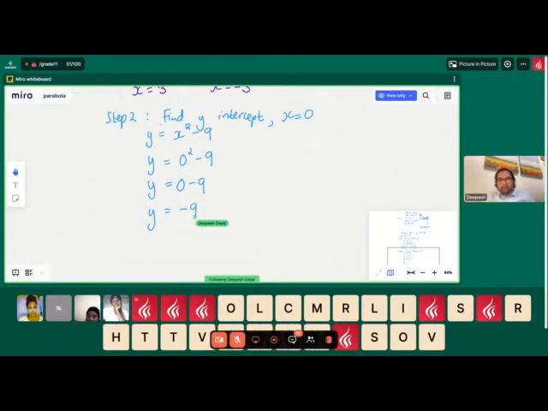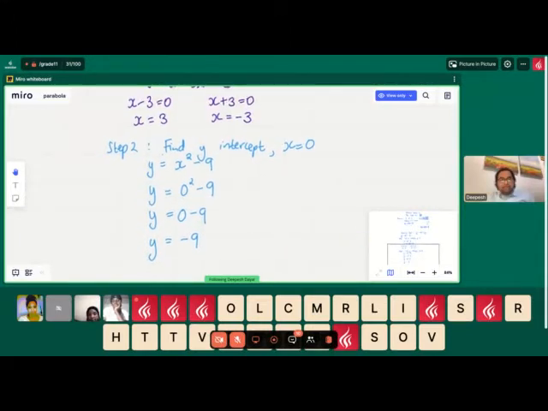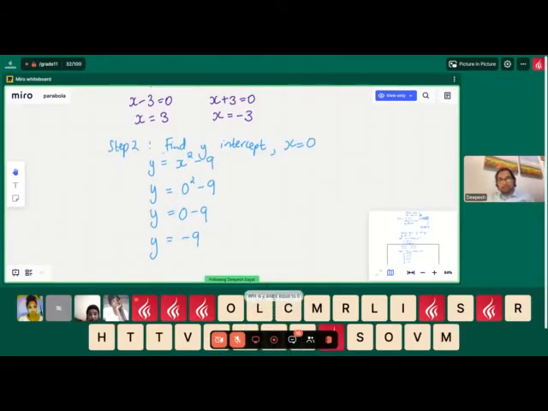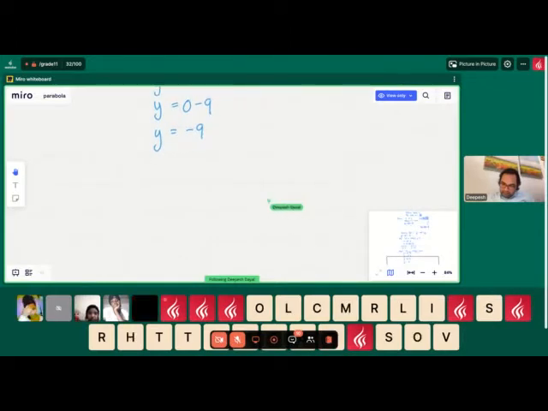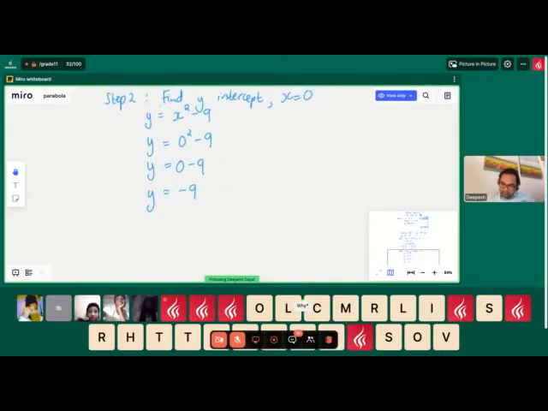Okay, so we've got now the y-intercept. So we had our 2 x intercepts, x equals 3, x equals minus 3, and our y-intercept of y equals minus 9. Yeah, is this okay? Y equals minus 9?